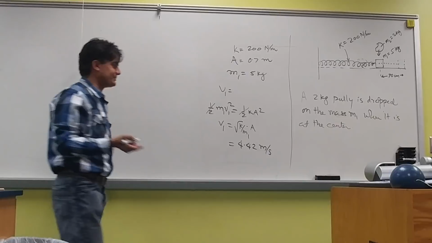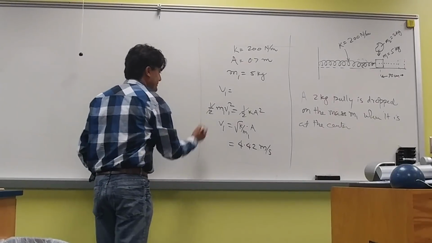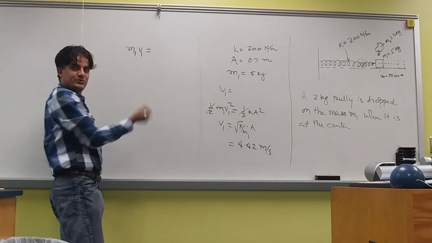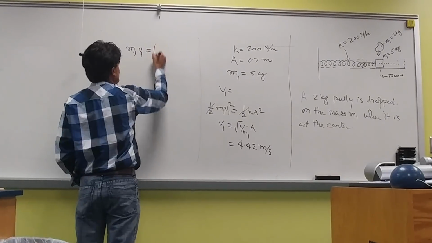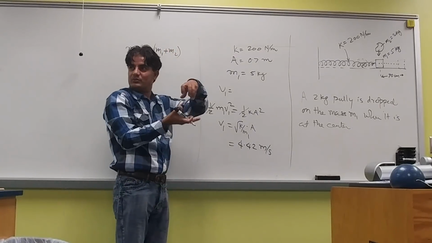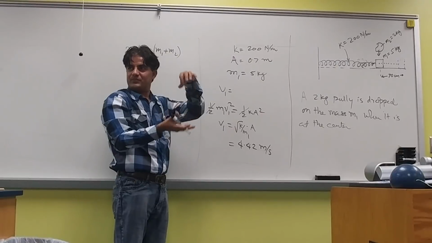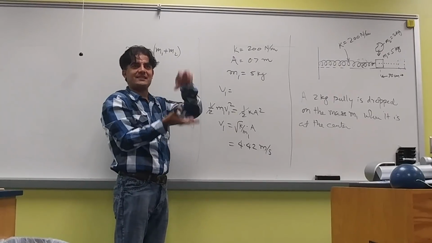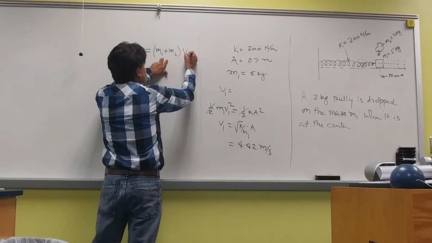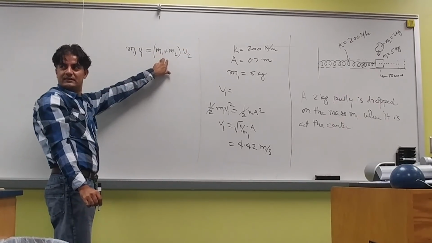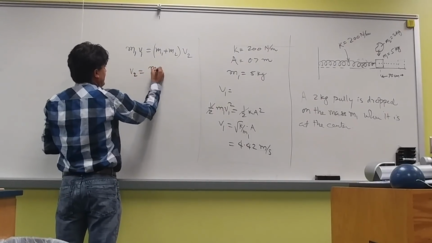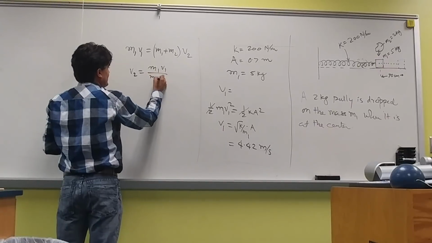Basically, M1 V1 will be the same as the new mass times V2. The new mass is M1 plus M2, because after you drop it, both masses get added. So this is your new velocity: V2 equals M1 V1 divided by M1 plus M2.